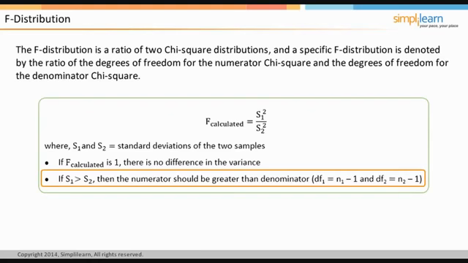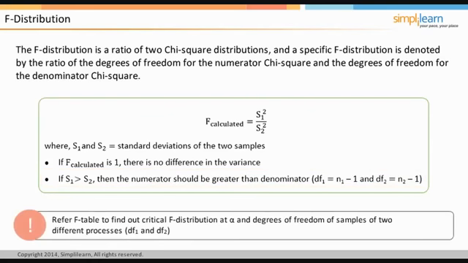In other words, df1 equals n1 minus 1, and df2 equals n2 minus 1. From the f-distribution table, you can easily find out the critical f-distribution at alpha and the degrees of freedom of the samples of two different processes, df1 and df2.